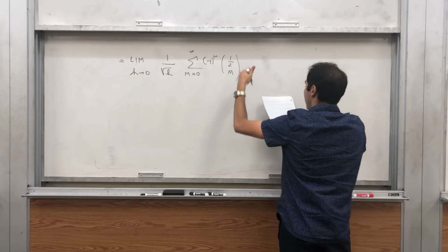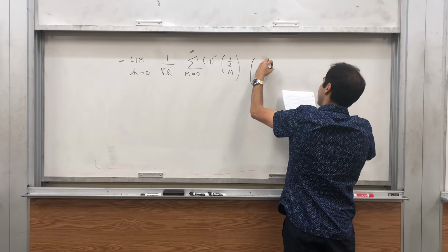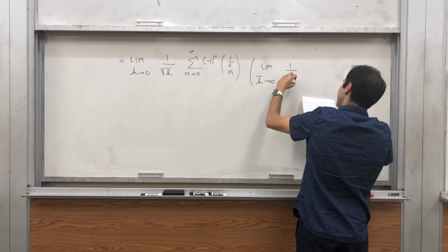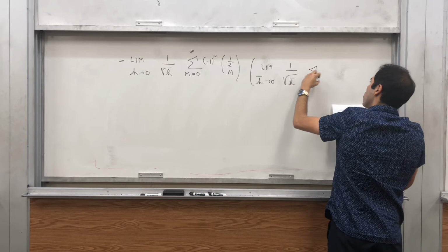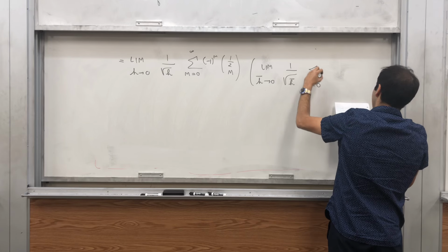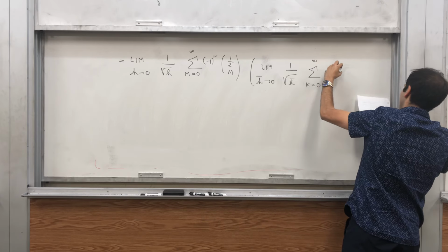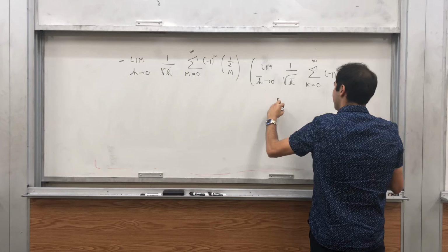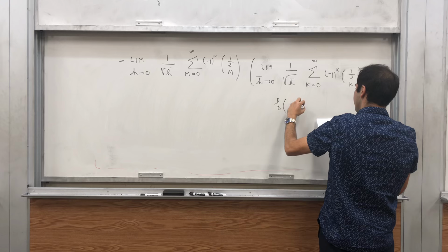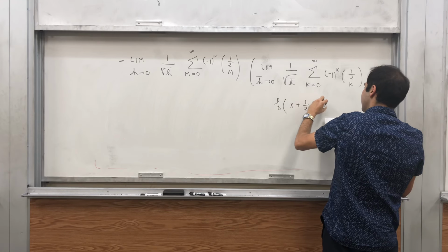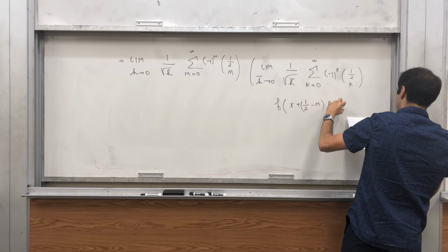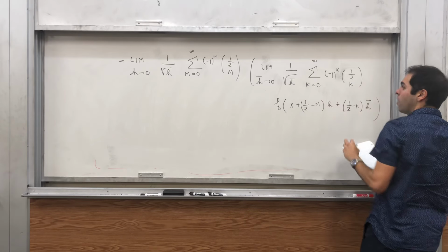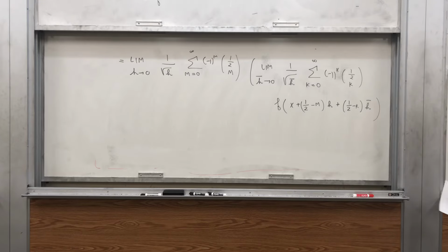So it becomes times the limit as, let's say, h bar goes to 0 of 1 over square root of h bar, sum over something different, k from 0 to infinity, (-1)^k, (1/2 choose k), f. Again, the beginning is the thing in g, so 1/2 minus m times h plus 1/2 minus k times h bar. Okay.